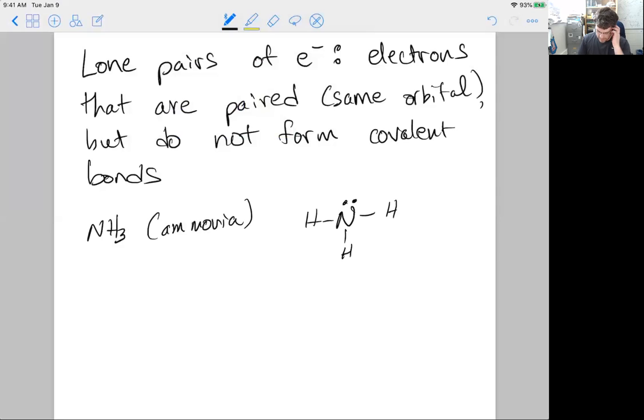I should add that we could have another ethanol Kekule structure.